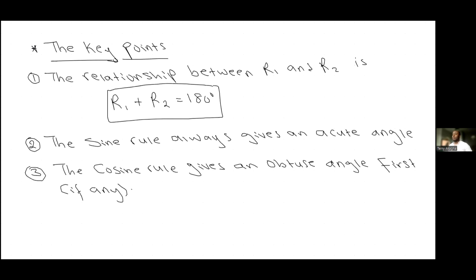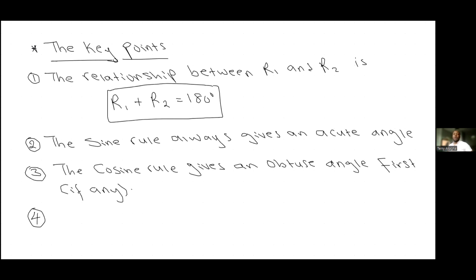All right, so number 4. The first thing we've talked about is that R1 and R2 add up to 180 degrees. The second is that the sine rule always gives an acute angle. The third is that the cosine rule will give you an obtuse angle first, and that's why if you have an option of using the sine or the cosine, use the cosine rule, in case there is an obtuse angle.